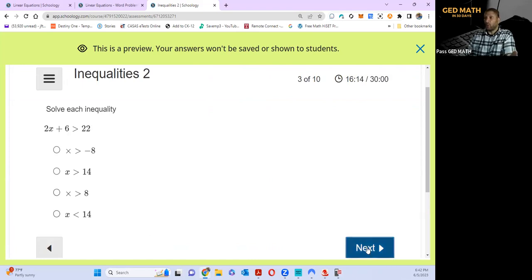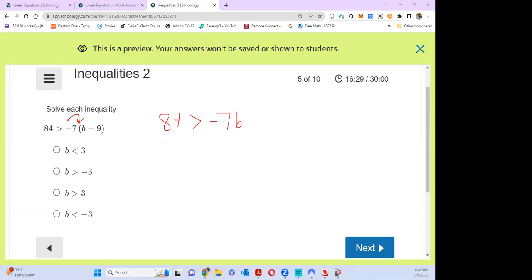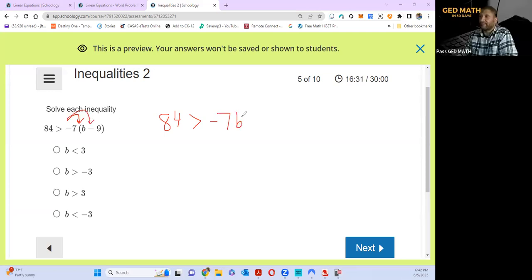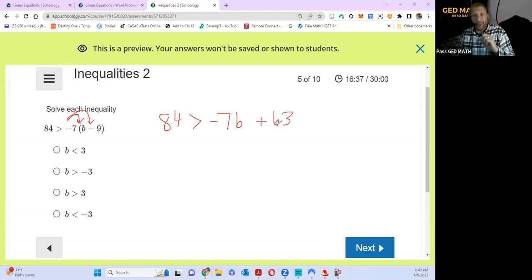Now, let's go to one like this. This is the type of question you can expect to see. Okay, so 84 is greater than, I have to use my distributive property, minus 7b. What's minus 7 times minus 9? A positive 63. Now, remember, same steps. I need to get the variable by itself.